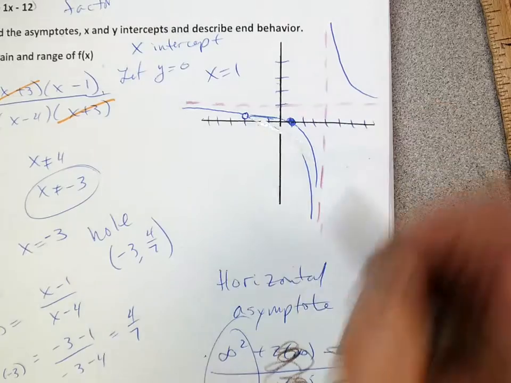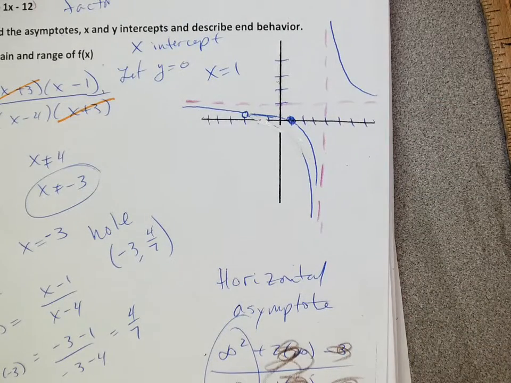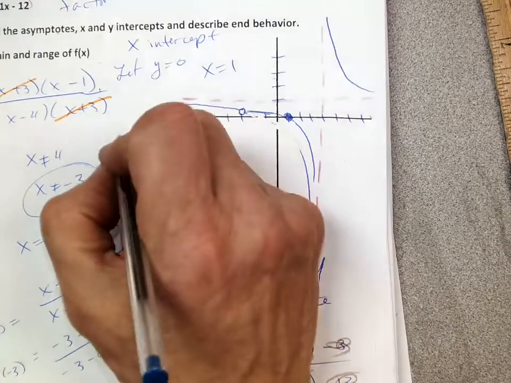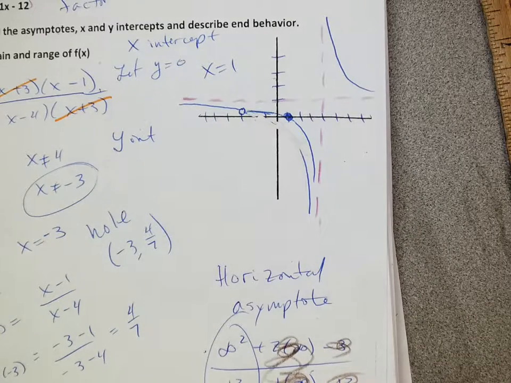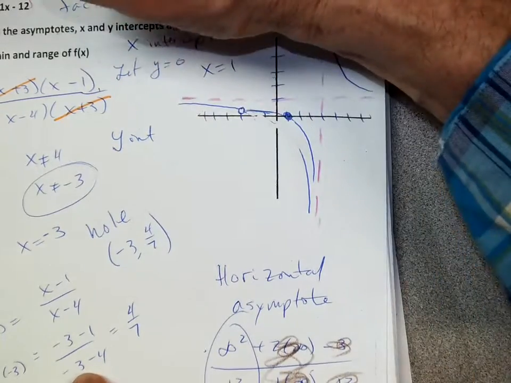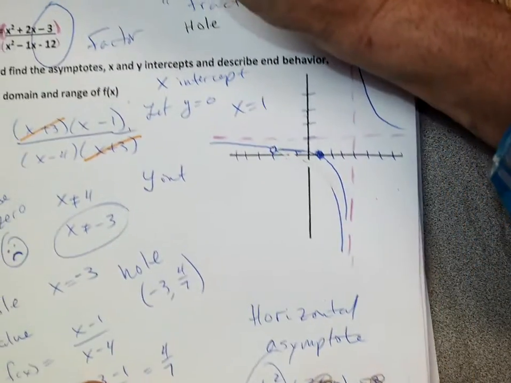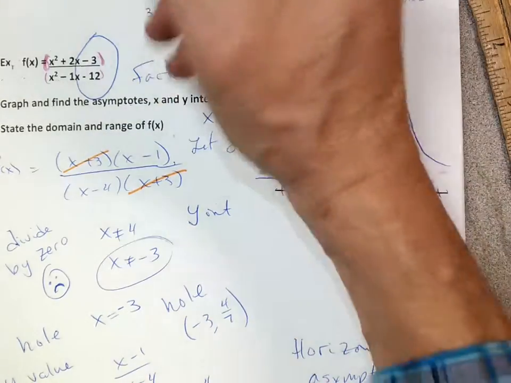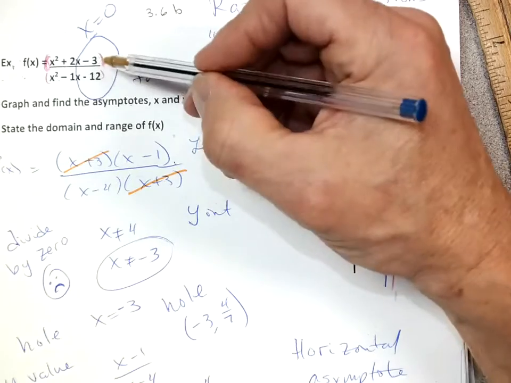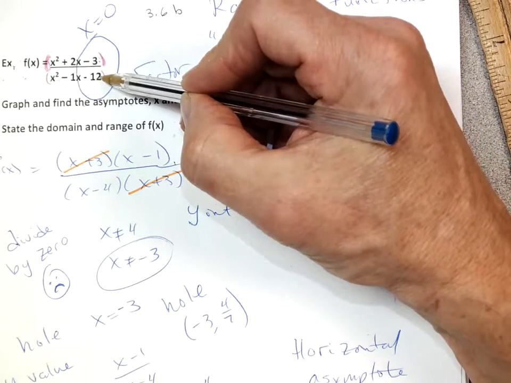Now what about my y-intercept? My y-intercept is when you let x equal 0, okay? So if I go back to the original and let x equal 0, you just get negative 3 over negative 12, wouldn't you?